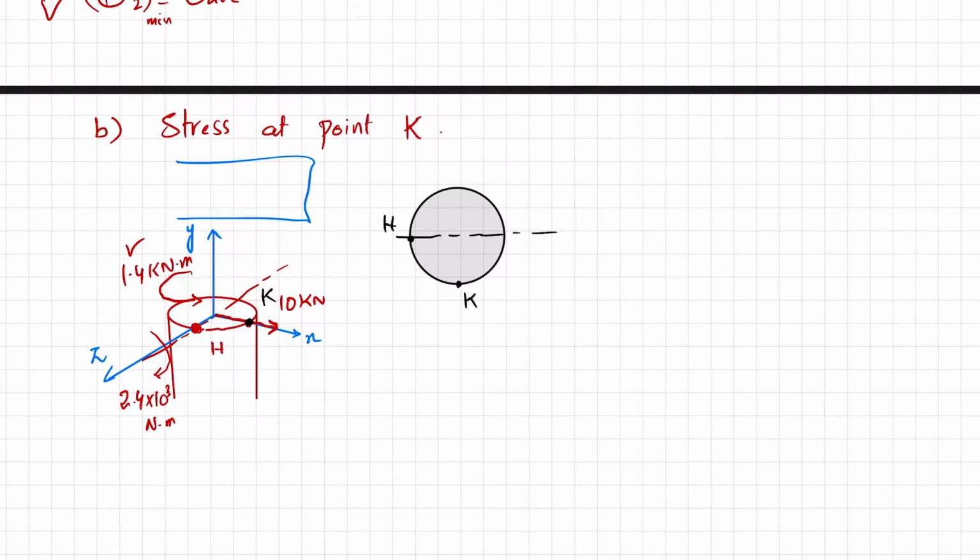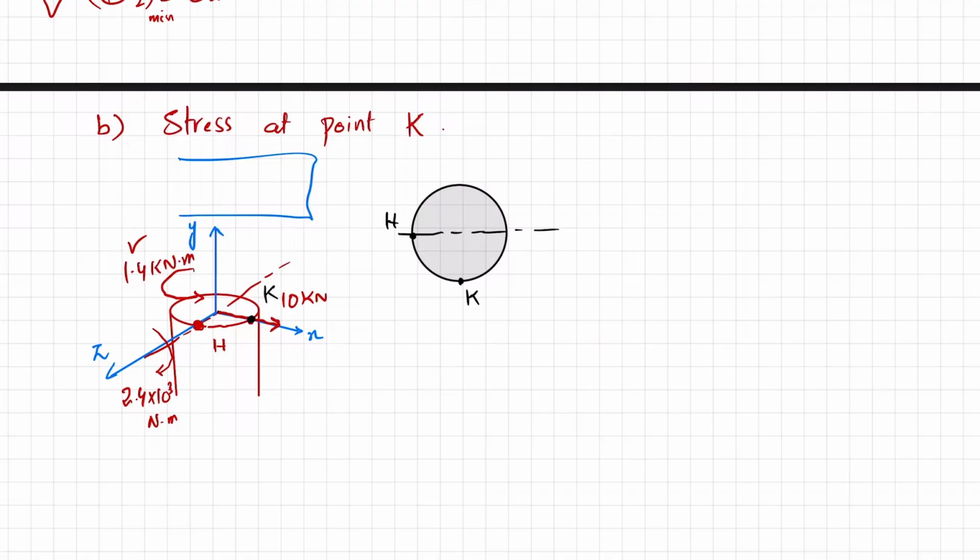So at point K, due to shear force, the shearing stress will be equal to 0. Why? Because Q will be equal to 0 as it is at the outside periphery. Clear? So Q will be equal to 0.